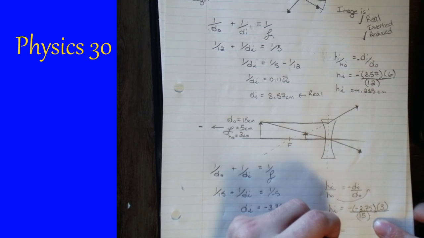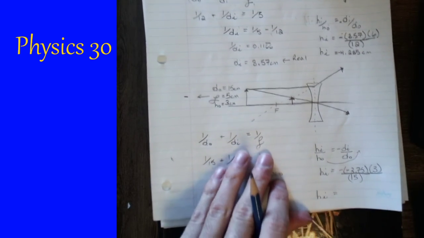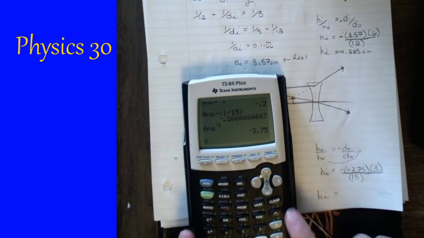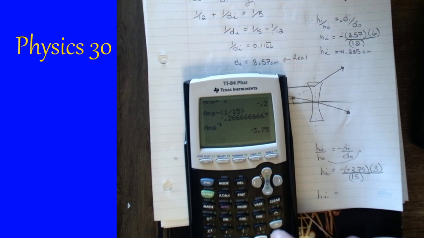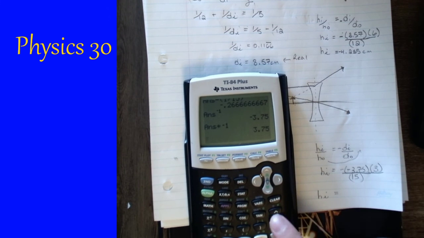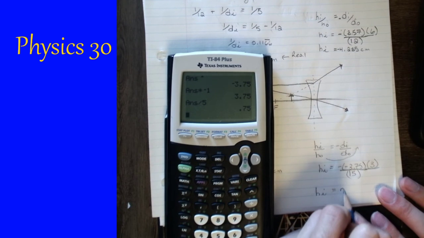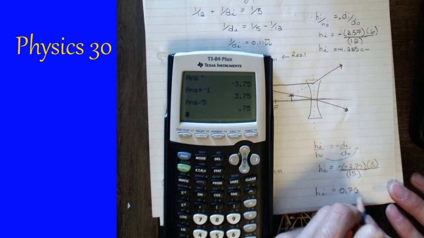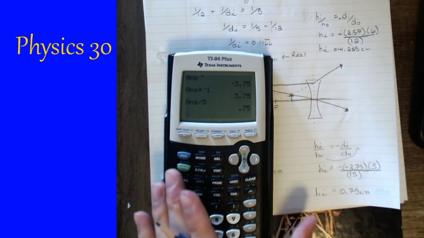So image height is negative cancels and we end up dividing by 5. So it's 0.75 centimeters and it is positive.